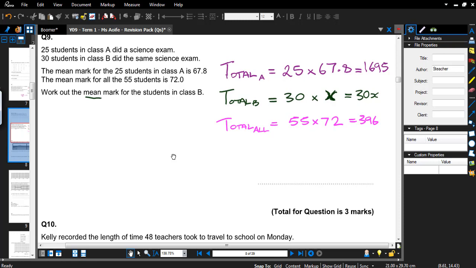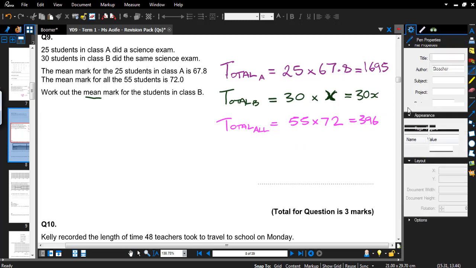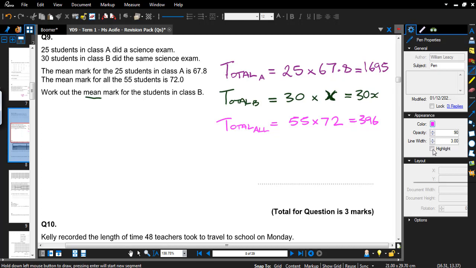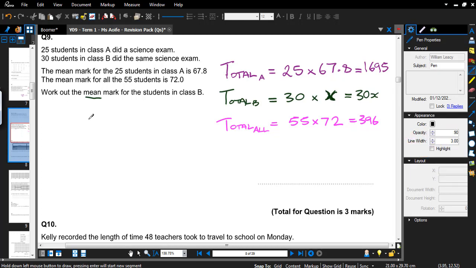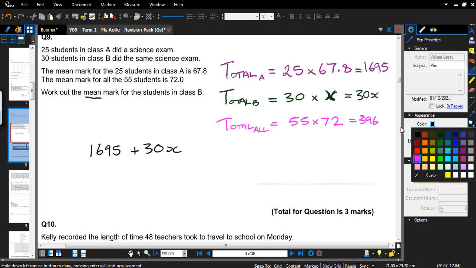So we know that 1695 plus 30x equals, that should be a 0 there, shouldn't it?